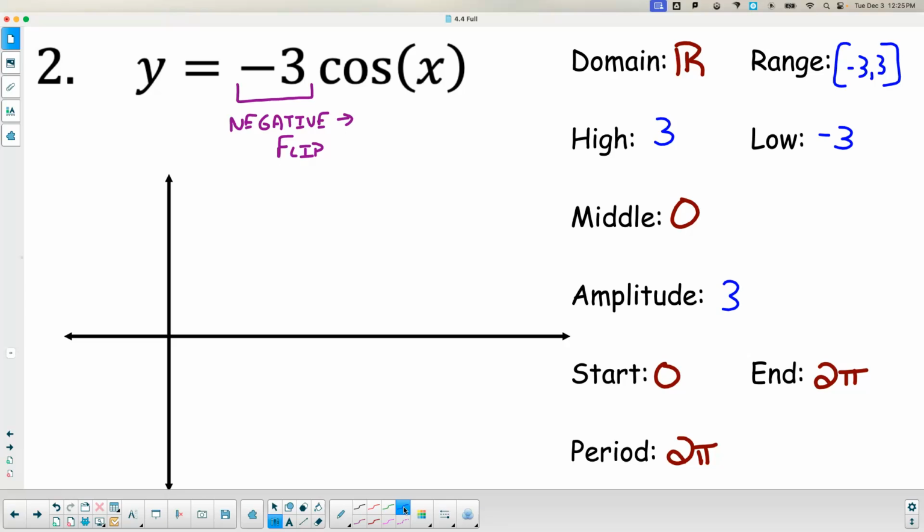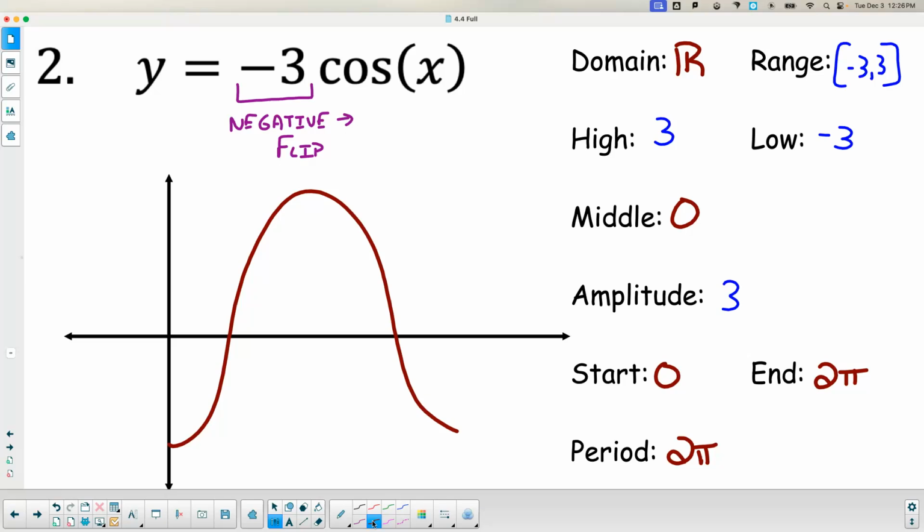Okay. Normally, a cosine curve is going to start up high and end up high, correct? But because I got a negative a value, what happens? I flip that around. Yep, I'm going to start low. Go up high and end low.